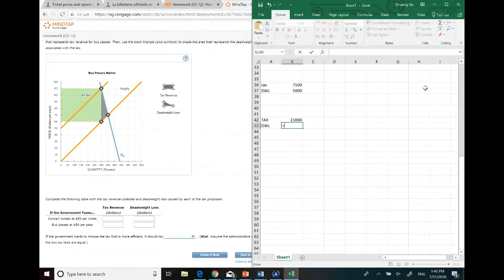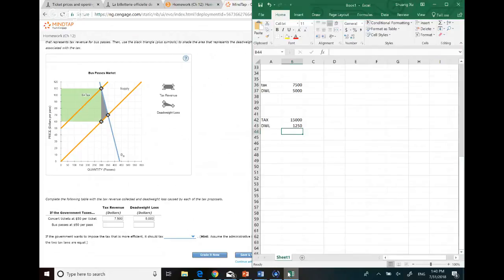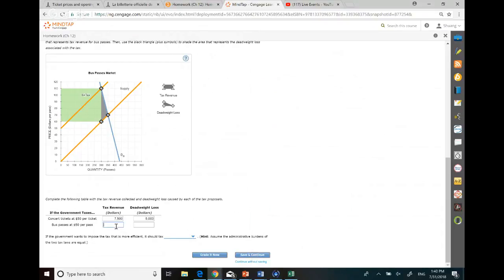And then for deadweight loss, this little small triangle will be 350 minus 300 times 110 minus 60, that's your vertical difference, divided by 2. Okay, so let's put this information in. So 7,500, 5,000, 15,000, 1,250.